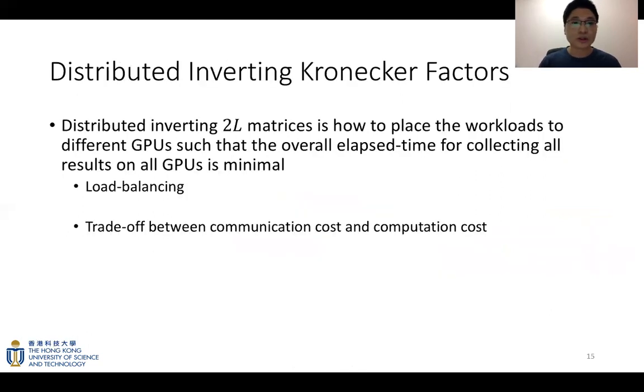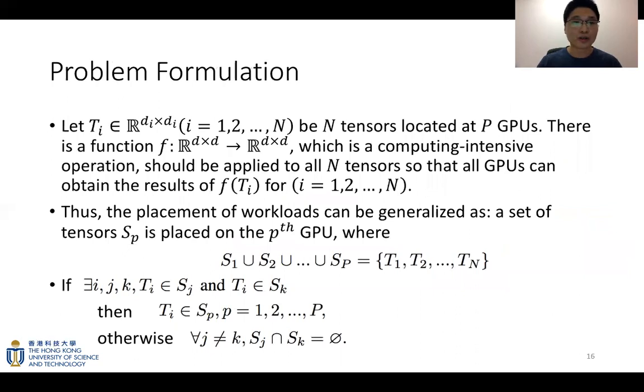Regarding distributed inversion of the Kronecker factors, we propose a load-balancing solution, and we also need to trade off the communication cost and the computation cost. So we formulate this problem as a general optimization problem. We will not go into the details due to the time limit; please see the paper for details.